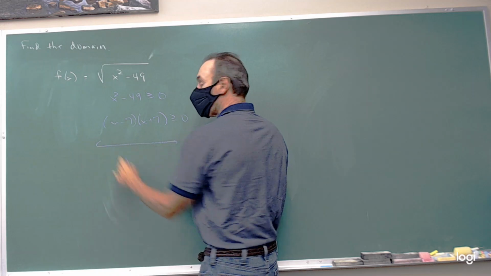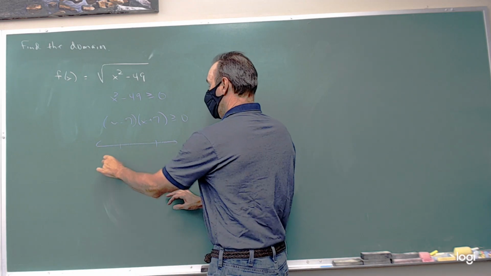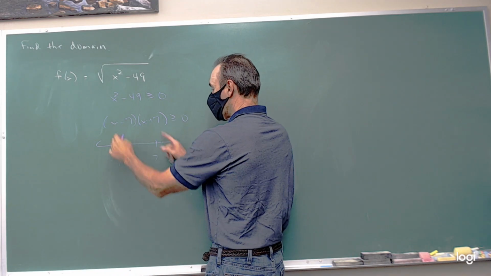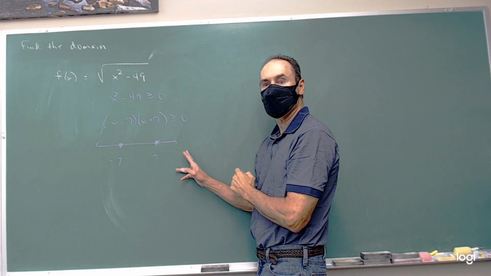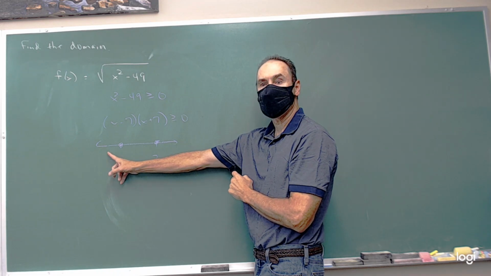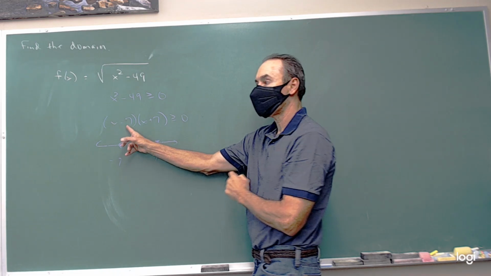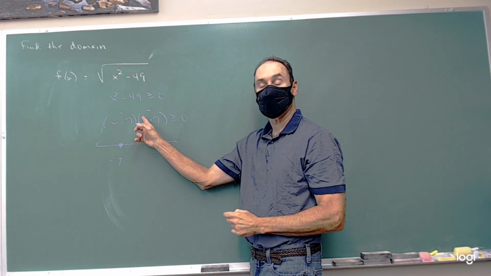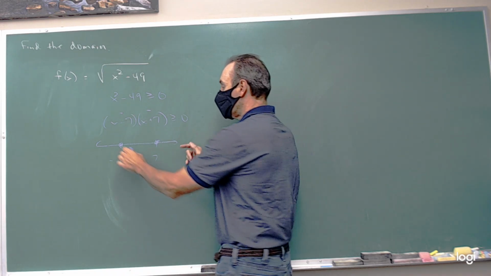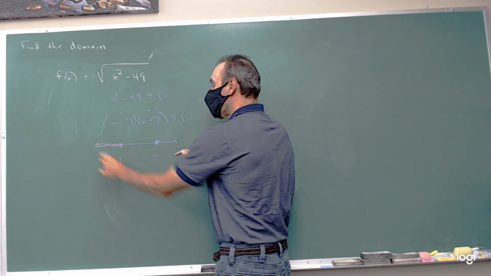Then we're going to go to the number line, and we're going to put in where this is equal to 0. That will make these solutions. We'll test each of those regions. So if you put in, say, a -8, -8 minus 7 is a negative, -8 plus 7 is a negative, a negative times a negative is positive. That's greater than or equal to 0, so that is going to be part of our domain.